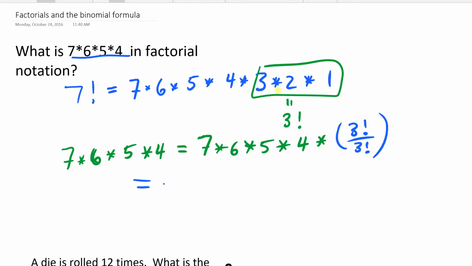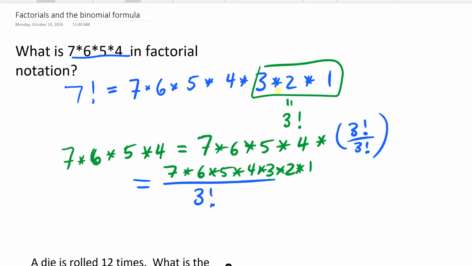Then we have 3 factorial in the denominator and in the numerator. We now have 7 times 6 times 5 times 4 times 3 times 2 times 1, which is 7 factorial. So our answer is 7 factorial over 3 factorial.